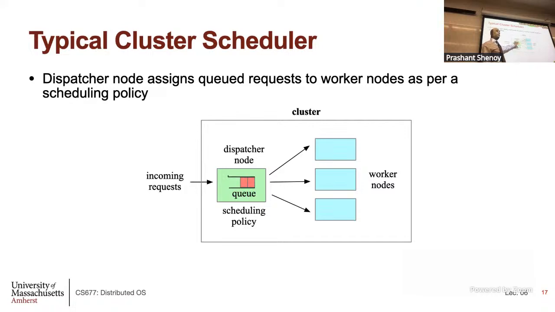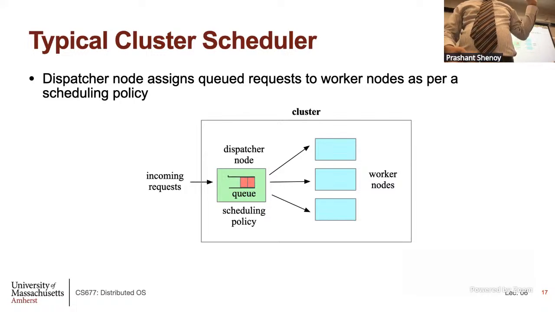The job of the dispatcher is to send each queued request or job to one of the worker nodes. In this case, the worker nodes are actual machines. So the dispatcher will run an algorithm that says, where should I run the next job? You'll pick one of the servers and send the job there. The job will execute and send back a response.